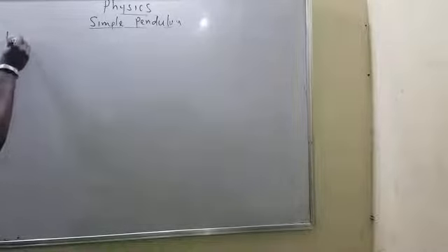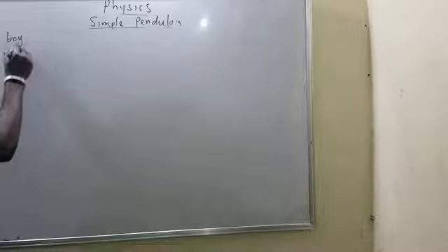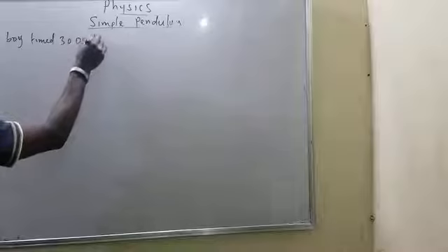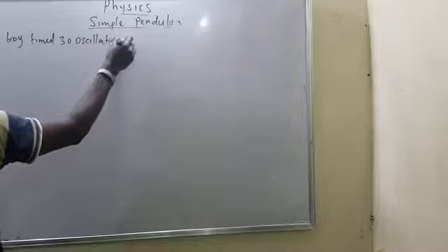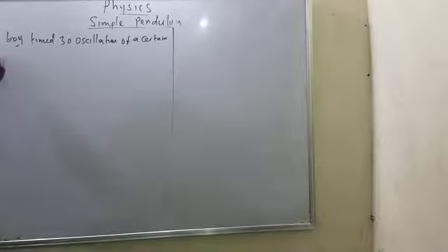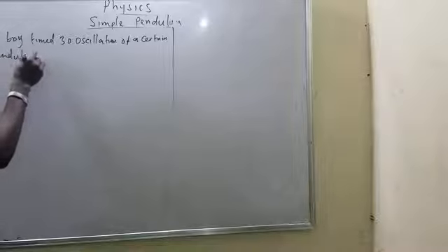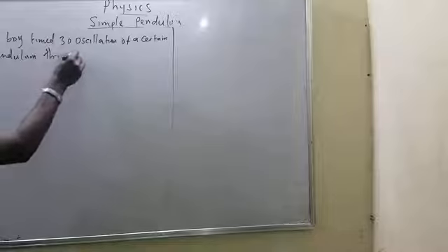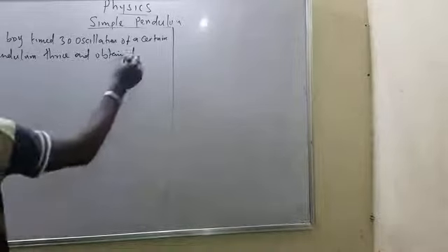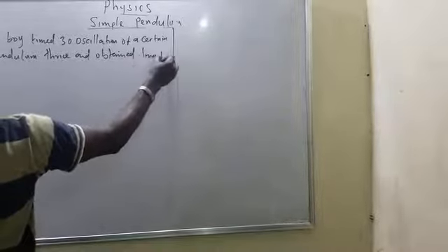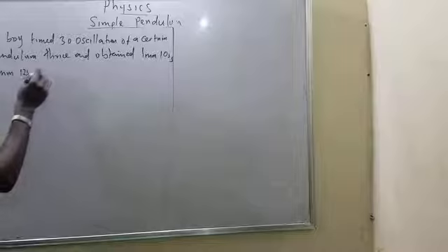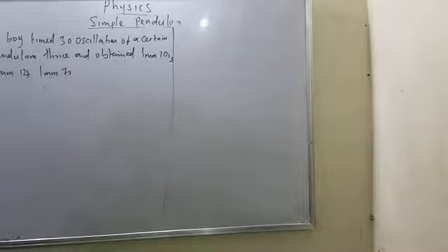A boy times 30 oscillations of a certain pendulum and obtains 1 minute 10 seconds, 1 minute 12 seconds, 1 minute 7 seconds, respectively.